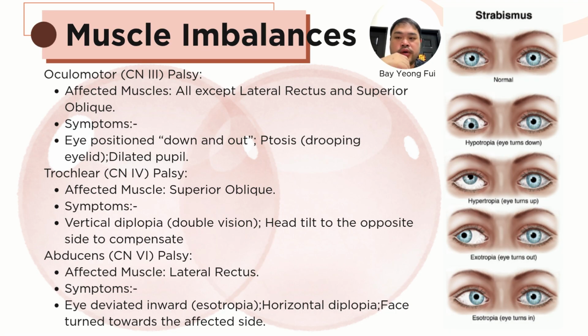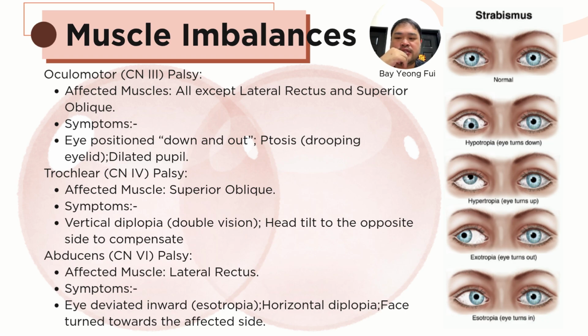Another common occurrence of muscle imbalance is strabismus. When specific cranial nerves are affected by injury, disease, or compression, the muscles they supply become weak or paralyzed. This is known as a nerve palsy. In CN3 palsy, most of the extraocular muscles are affected, except the lateral rectus and superior oblique.